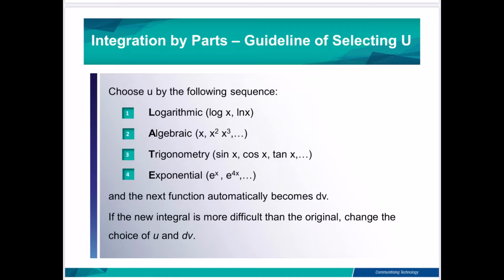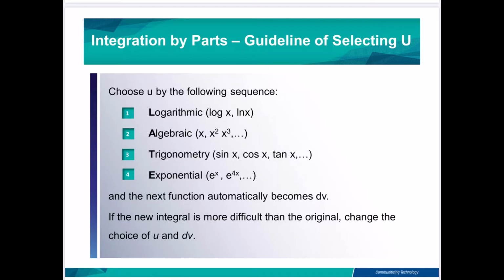If the new integral is more difficult than the original, change the choice of u and dv. First we look at the sequence, whether it is between log and algebraic, or algebraic and trigo, or trigo and exponent, or log with exponent. We will see this example later.